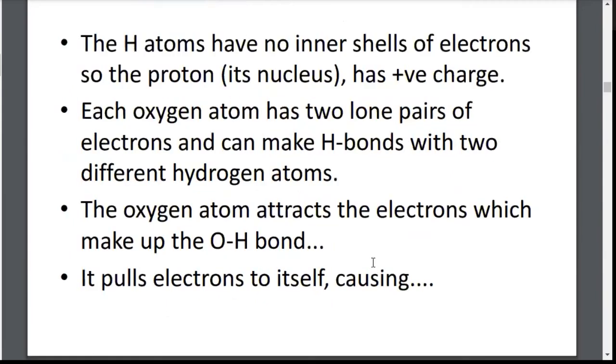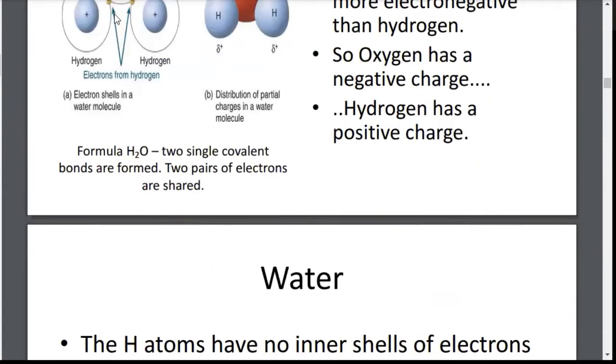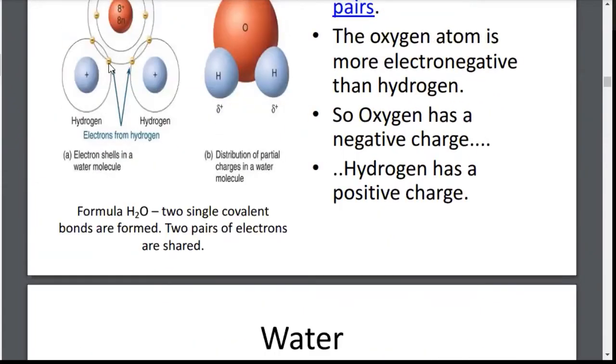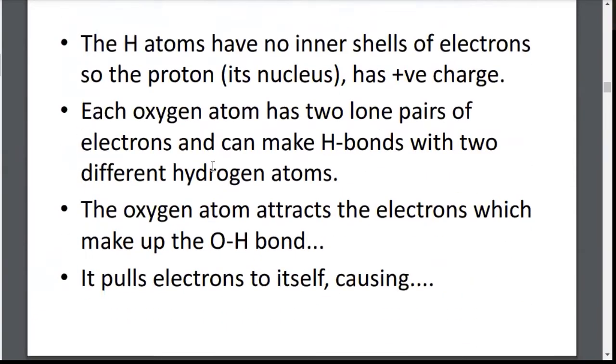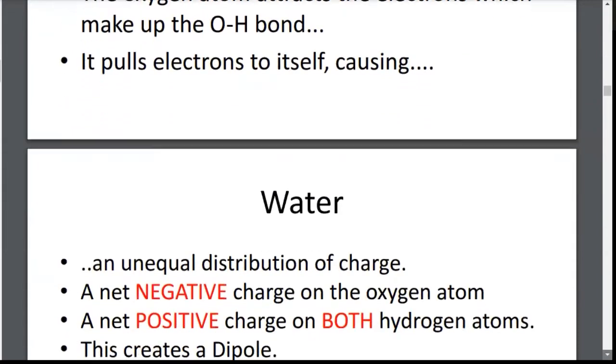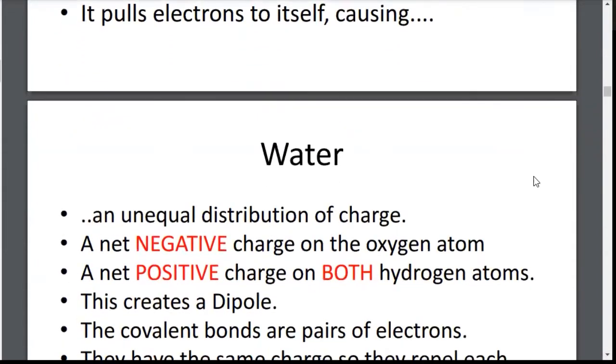The oxygen atom attracts the electrons which make up this chemical bond here. So the oxygen pulls the electrons towards itself. And what this does is it causes an unequal distribution of electric charge.